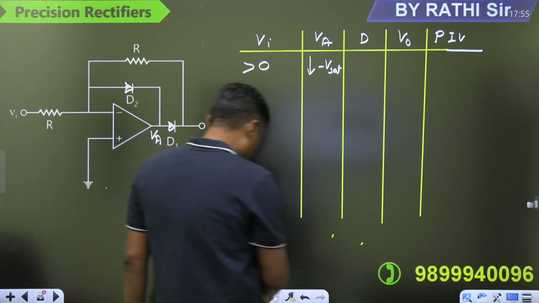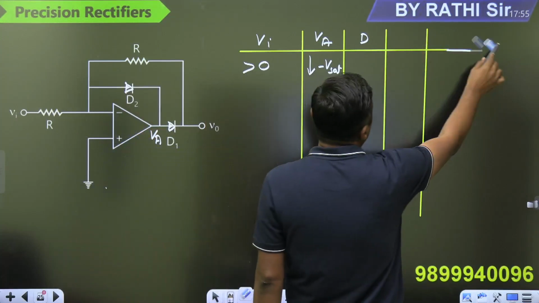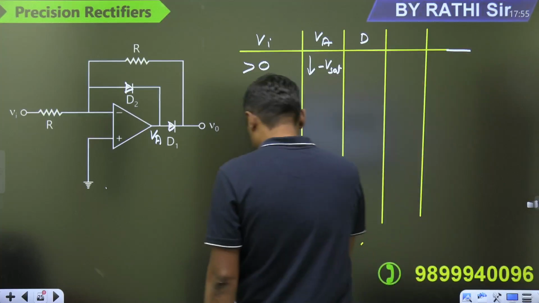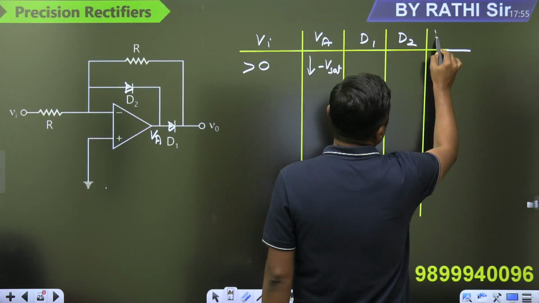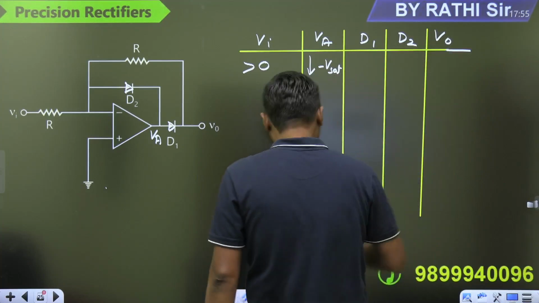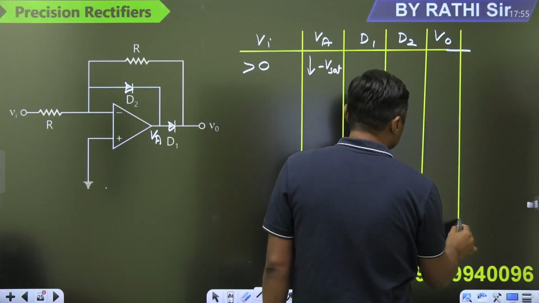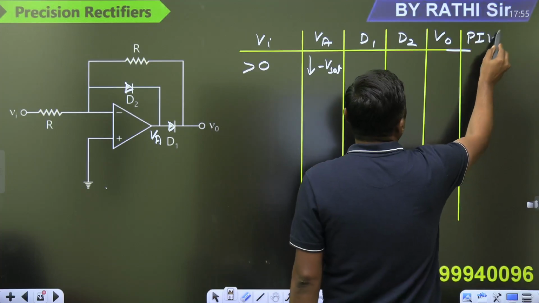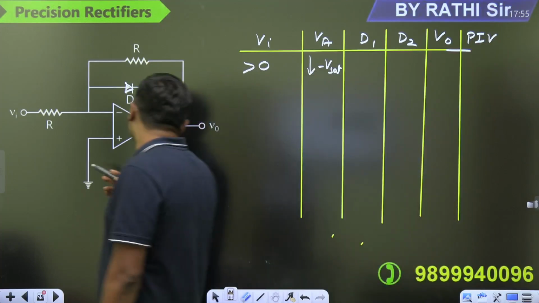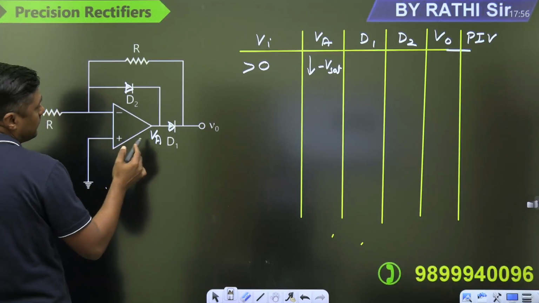So there are two diodes. In this table, we will connect the two diodes D1 and D2, and then what is the V0? And finally, what is the PIV? Because this is VA, what is the VA? Negative.